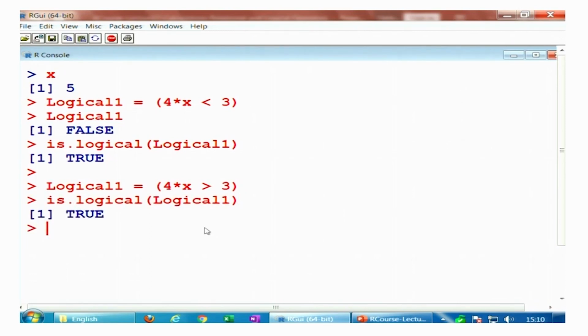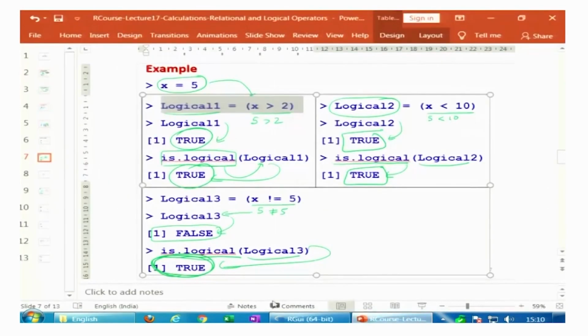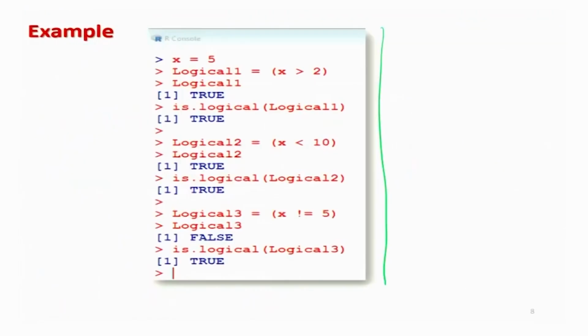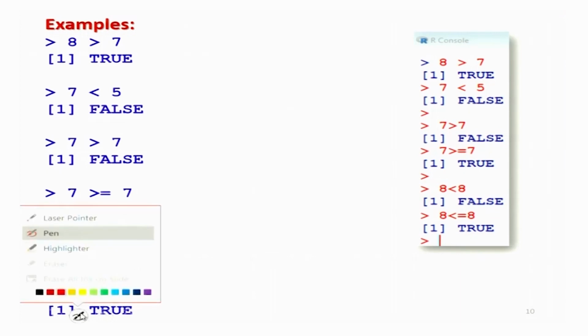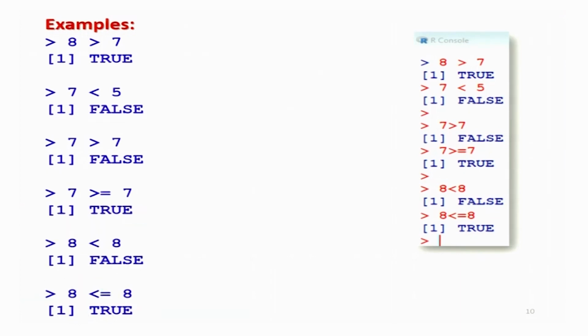So, you can see here it is not a very difficult thing to find whether a variable is a logical variable or not, right, and the answer is always going to be in terms of only true and false. Now, in case you take some more examples which will give you ready-made and handy solutions without much effort, I am trying to write down here 8 greater than 7.